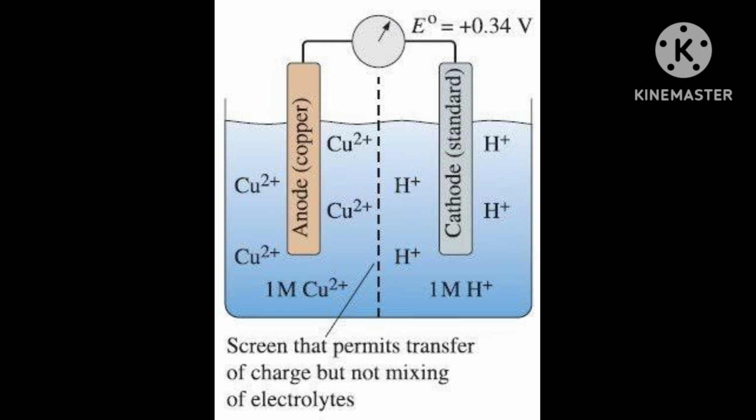This is the criterion. Suppose both are negative, what will happen? Many metals may have negative values, but the principle is the same: the more negative will be the anode and the less negative will be the cathode. Similarly, if both are positive, the less positive will be the anode and the more positive will be the cathode.